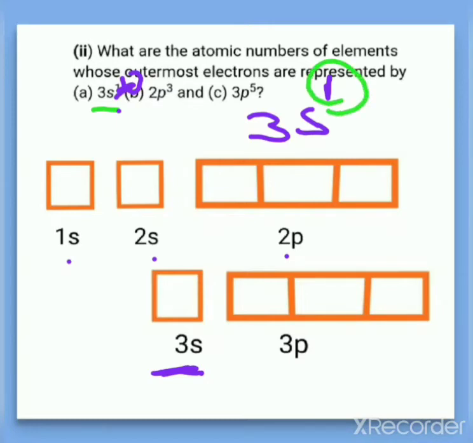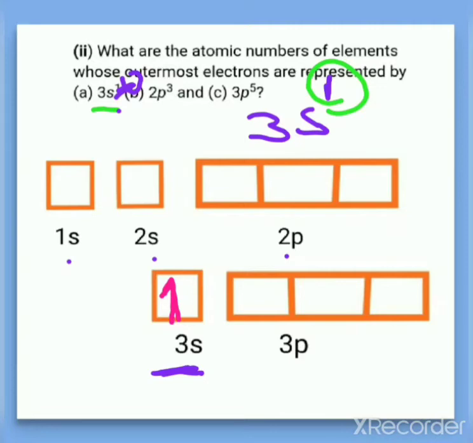When we fill this one, the first electron is in the clockwise spin, and if it is only single, then there is only one electron in the clockwise spin. This electron which I specified with the pink color is the last electron, the outermost electron.